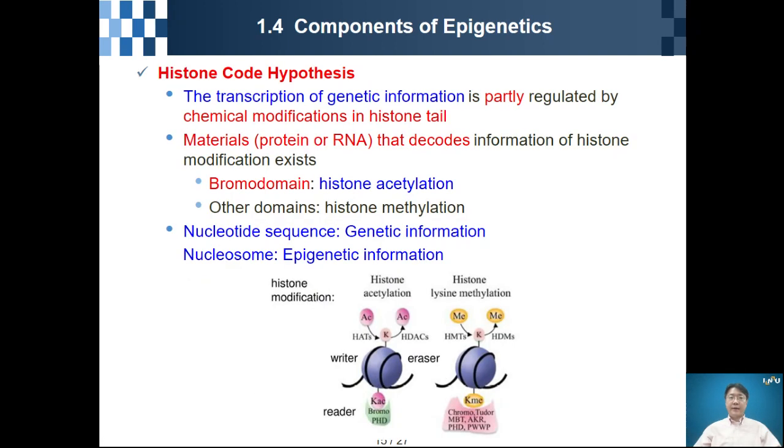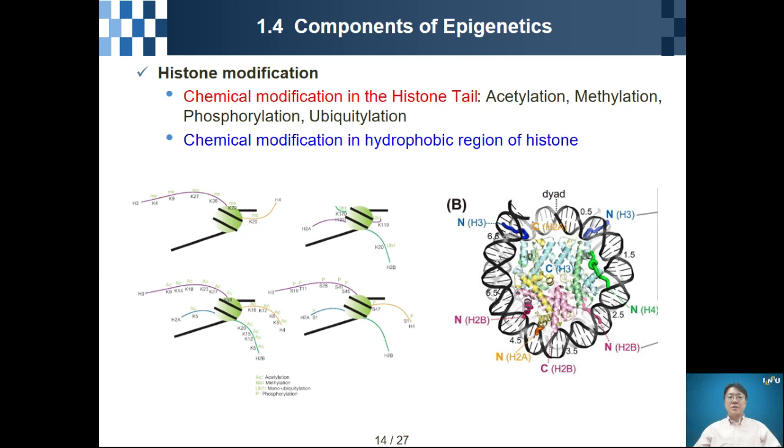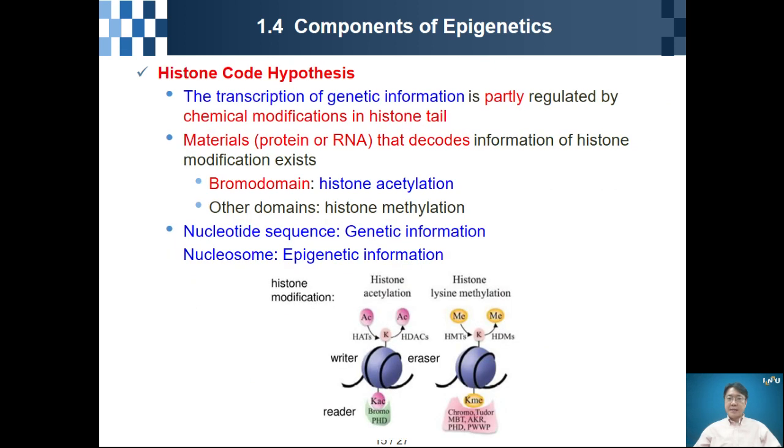So in this slide, I will explain the histone code hypothesis. There are a lot of histone modifications here. So in this slide, how do we decode the histone code? Usually the transcription of genetic information is partly regulated by chemical modification in the histone tail.